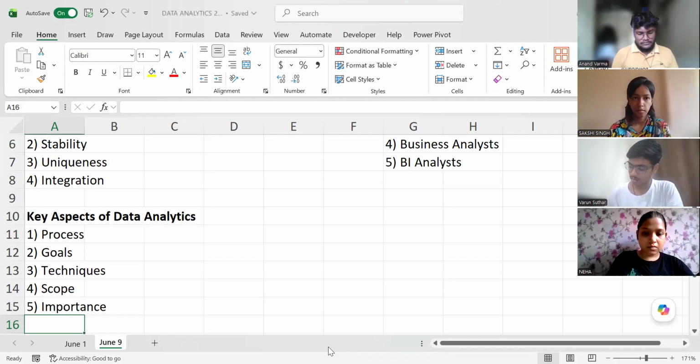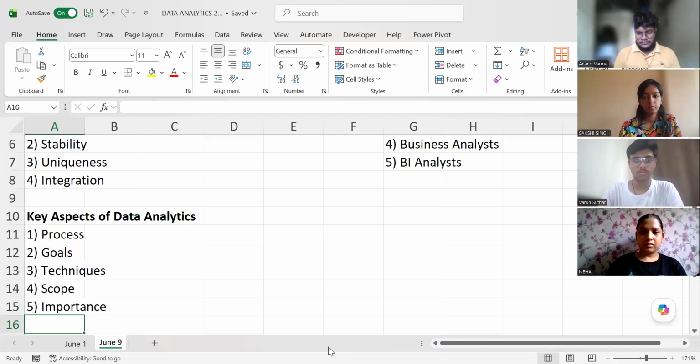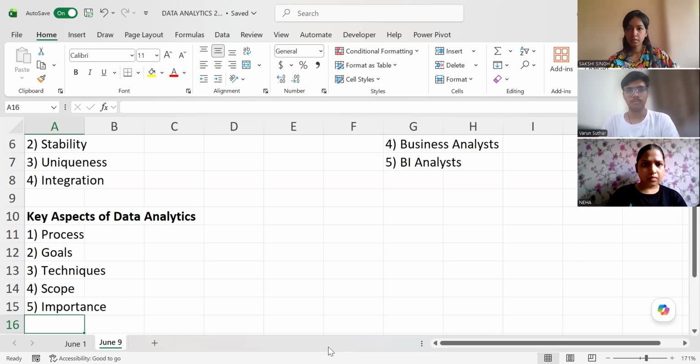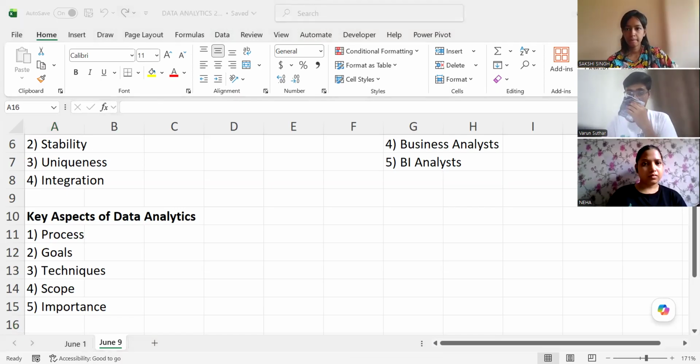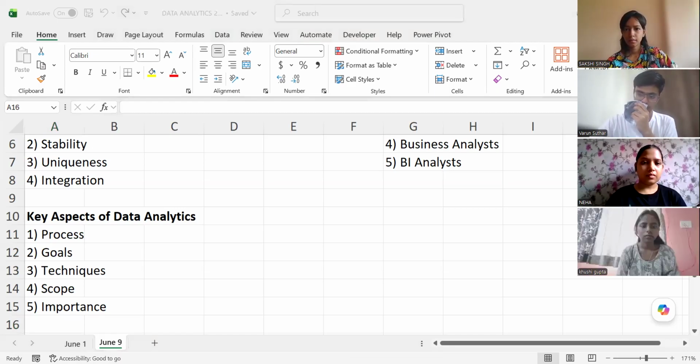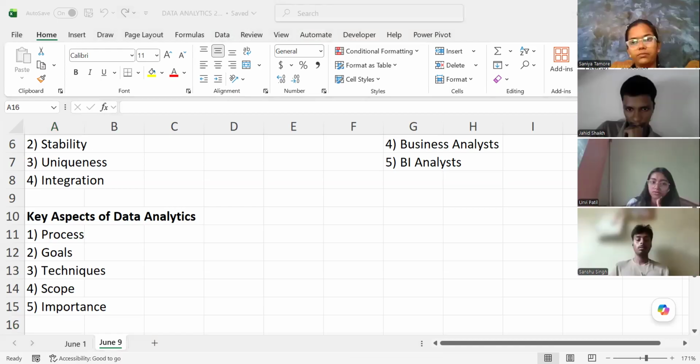So we'll discuss these five points. Shall we start? Some key aspects of data analytics.